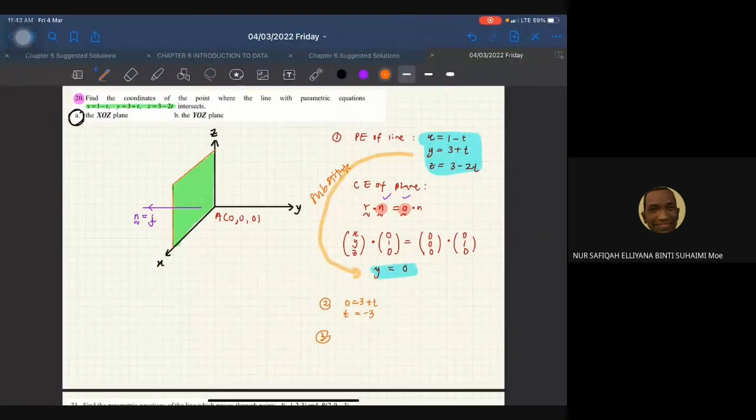Oh, okay. So awak dah tahu, you know t is equal to -3. So in order for you to find point of intersection, dia mesti ada nilai x, y and also z. Okay, so dekat mana equation yang ada x, y, z? Di sini. Okay, so just substitute value of t into this one and also this one. It will give you a point of intersection.